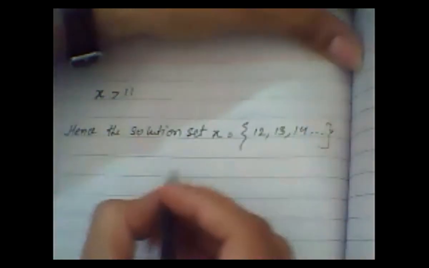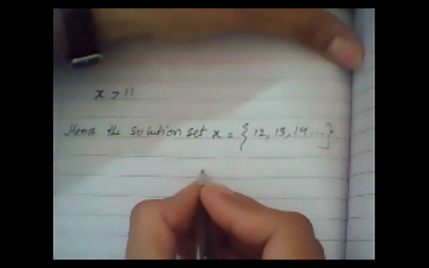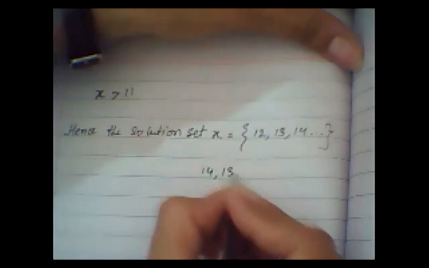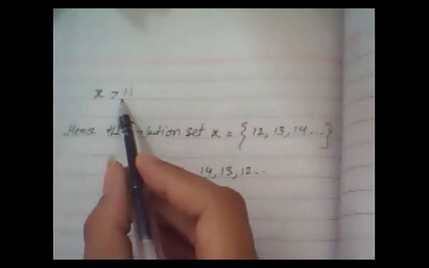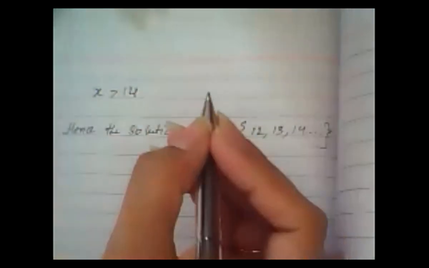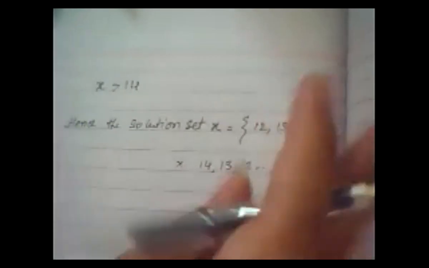If we mention 14, 13, 12 here, this is wrong. The value of x greater than 11 means 12, 13, 14, and so on. If the value of x is greater than 14, then what will we write? 15, 16, 17, and so on.